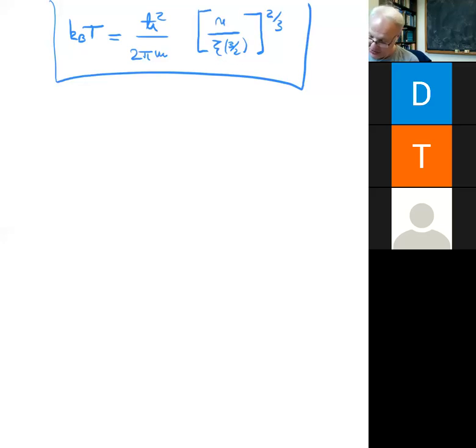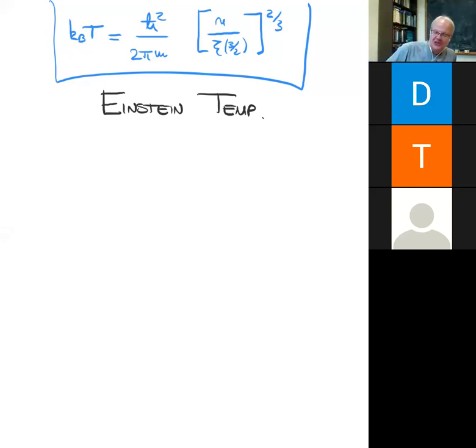So that temperature has a name. It's called the Einstein temperature. Okay, and what happens? Yeah, so this is now an h bar. So I switched from h bars to h only on that one occasion to get it recognized as a de Broglie wavelength.